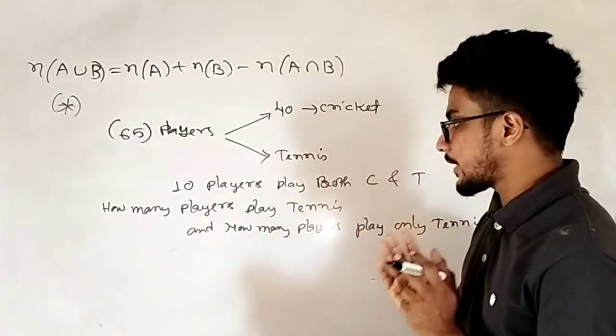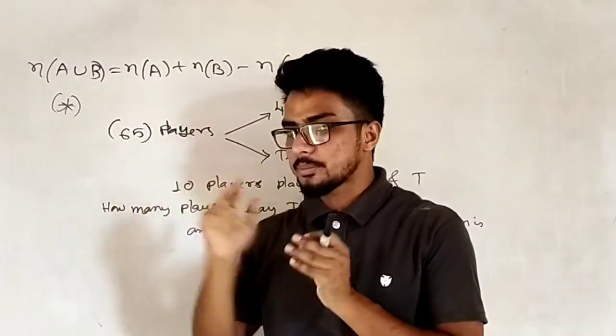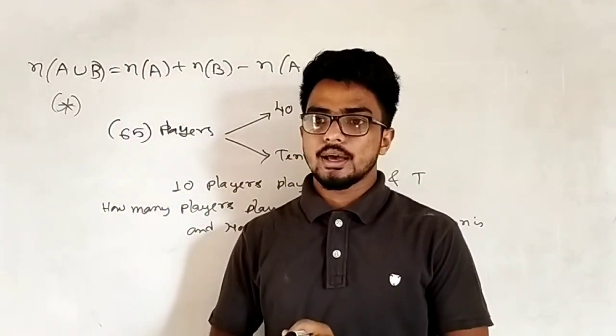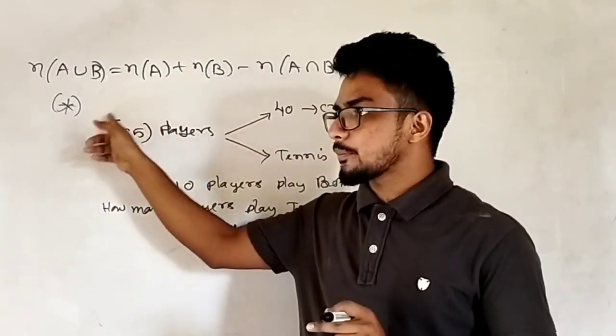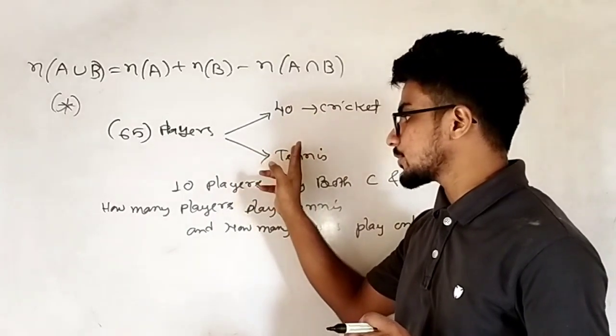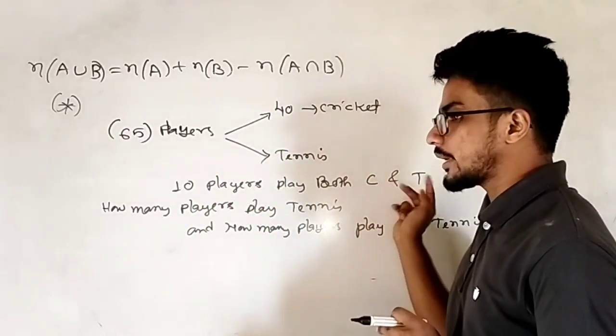We don't know how many play tennis. We just know that out of 65 players, some play cricket, some play tennis, all 65 play at least one of the games, and 10 players play both cricket and tennis.